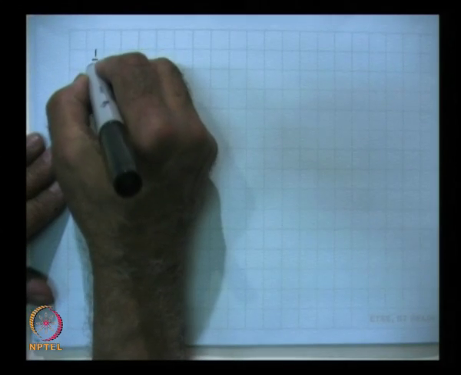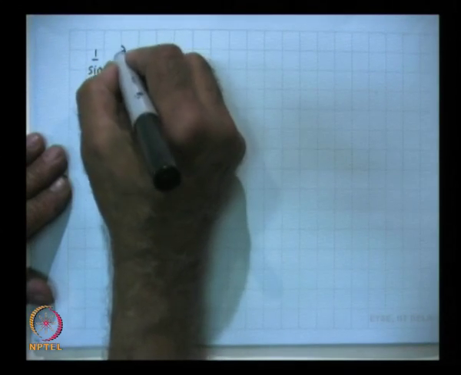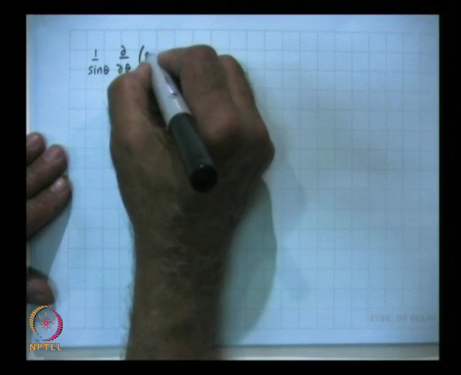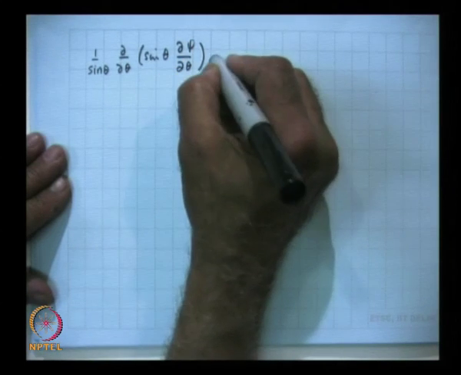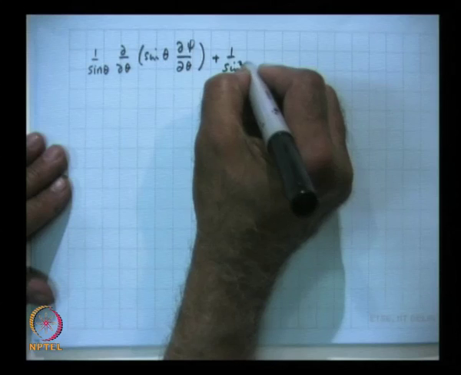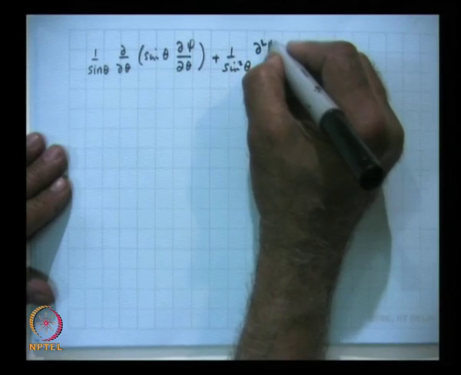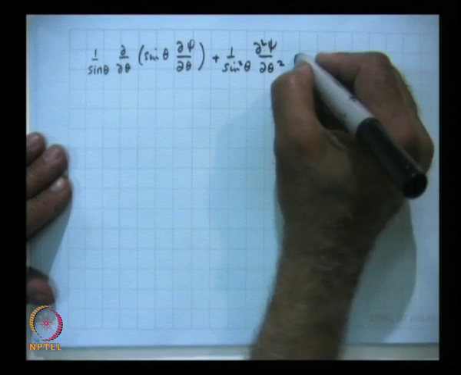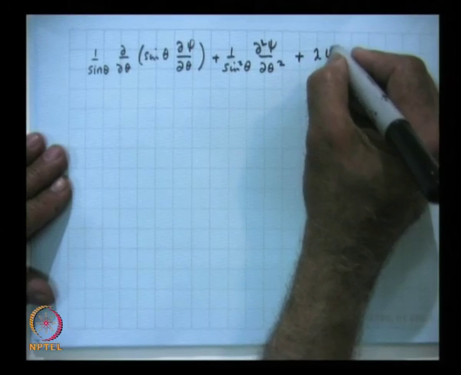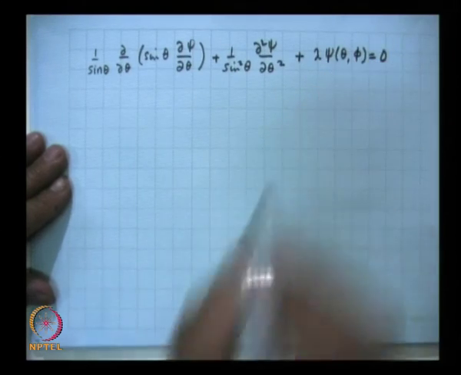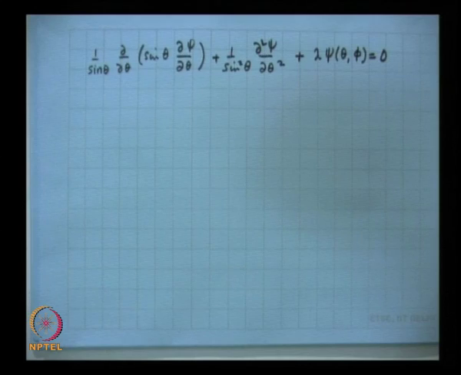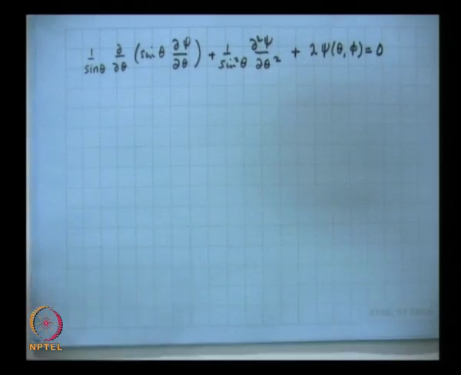So, I obtain 1 by sin theta delta by delta theta of sin theta delta psi by delta theta, plus 1 over sin square theta delta 2 psi by delta phi square, plus lambda psi, which is now a function of theta and phi, is equal to 0. I want to solve this equation. Our objective is to find the values of lambda and the corresponding wave functions. That is a very important problem.